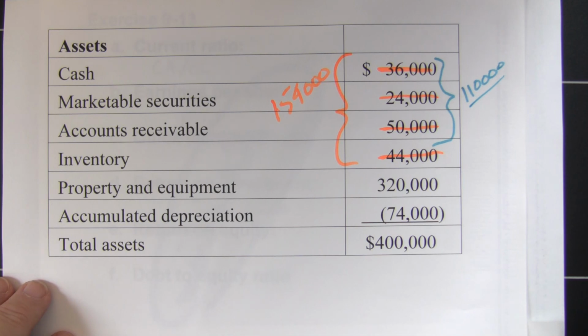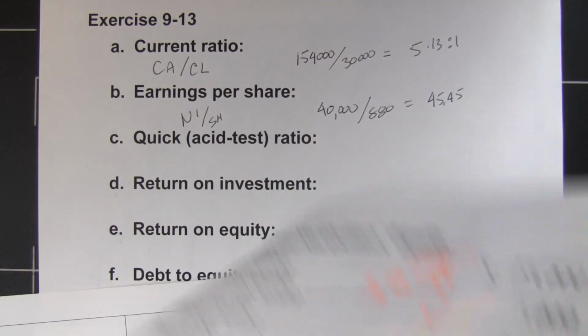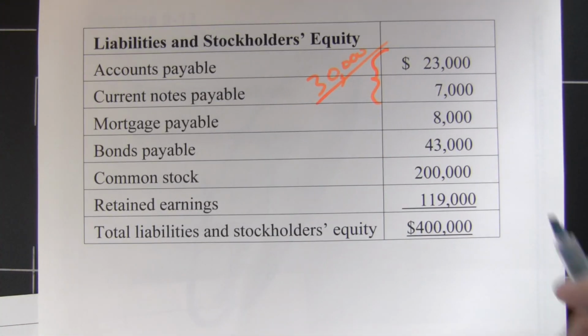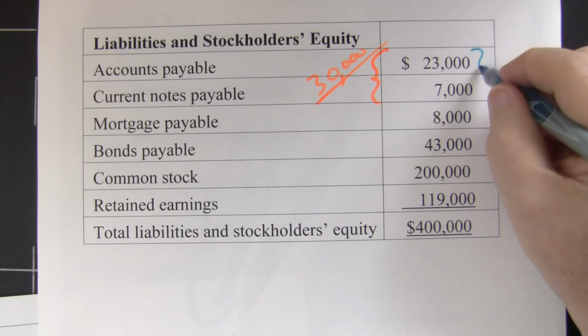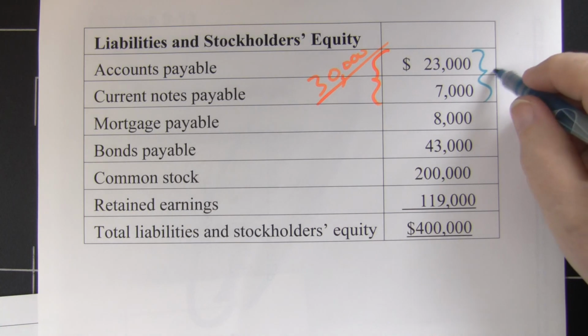So, we're still taking the 110,000. We're using the same current liabilities, the same 30,000.